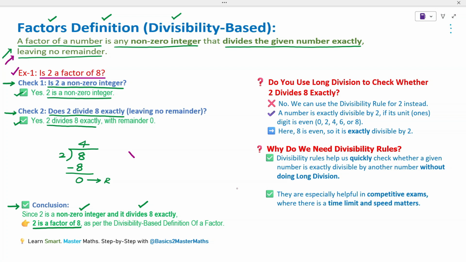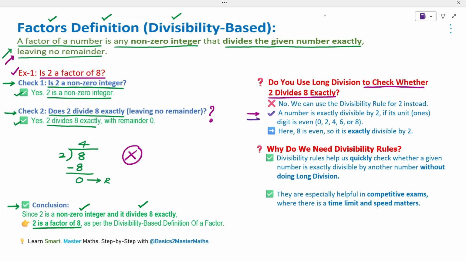Here, you need not do long division to check whether 2 divides 8 exactly or not. Instead, use the divisibility rule for 2.